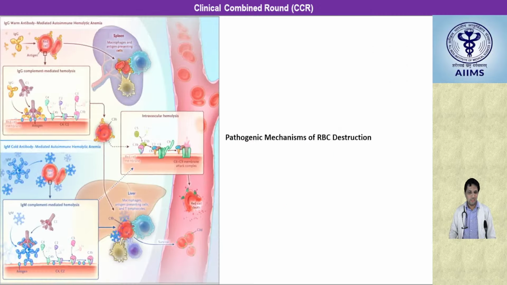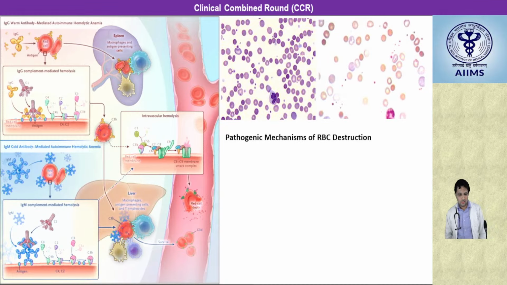which happens by mainly two mechanisms. First is warm antibody mediated, which is through IgG antibody that opsonizes the RBC surface and moves to the spleen, where it is phagocytosed by macrophages and antigen presenting cells. Some of the cells escape the mechanism and present in the peripheral blood as microspherocytes.